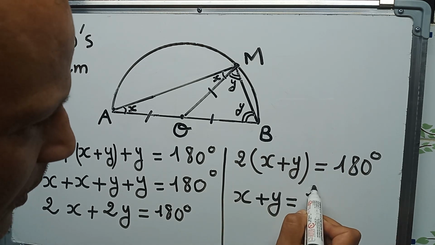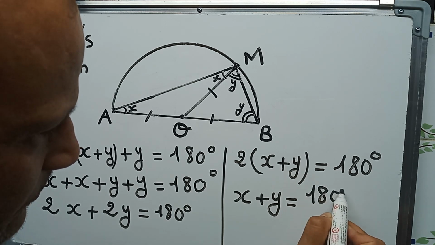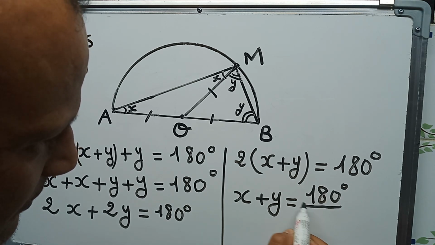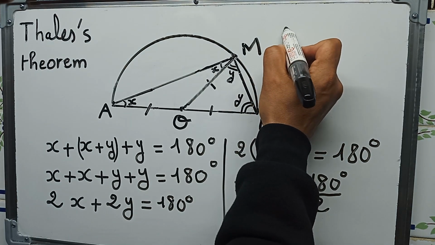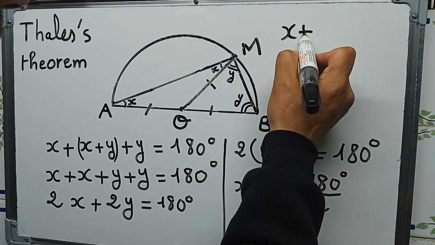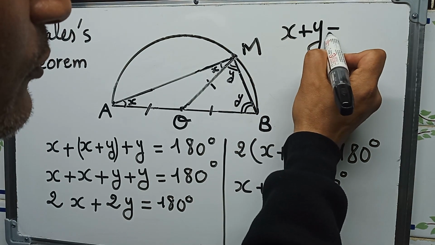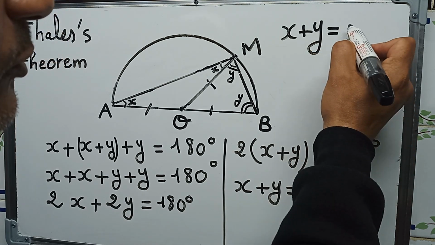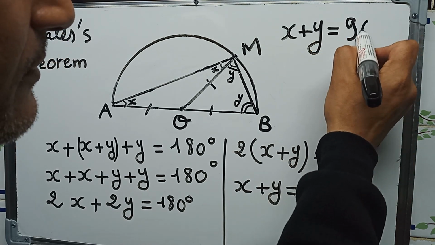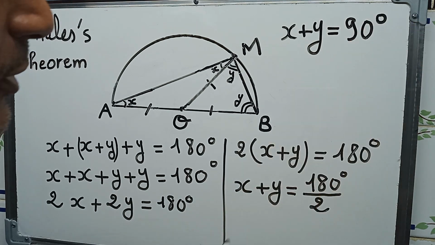180 degrees divided by 2. That means that X plus Y is equal to 90 degrees.